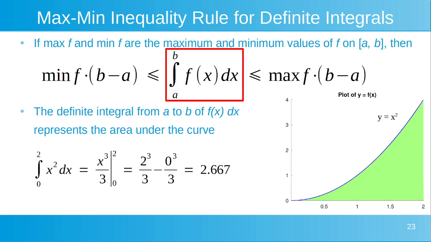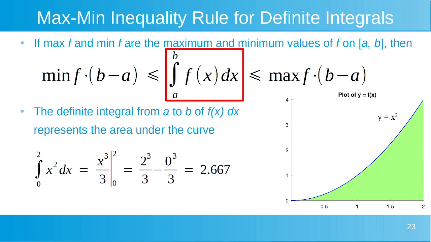In our previous example, we evaluated that definite integral, the integral from 0 to 2 of x squared dx. Previously, we'd found an antiderivative, x cubed over 3, and we evaluated it from 0 to 2. So we worked out capital F of b minus capital F of a, which was 2 cubed divided by 3 minus 0 cubed over 3, which worked out to be 2.667, or 2 2/3.